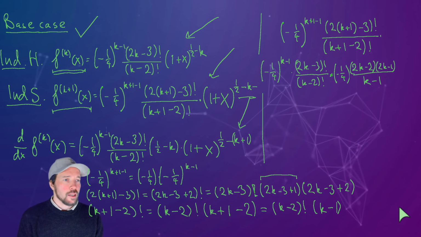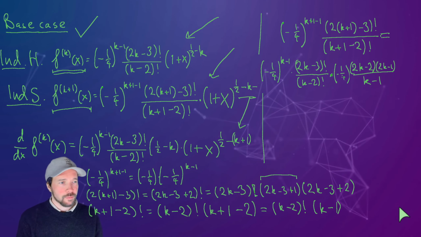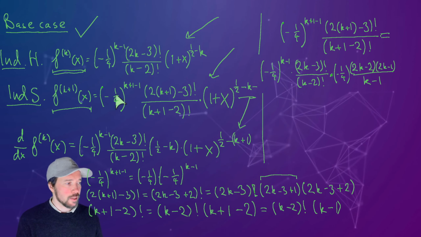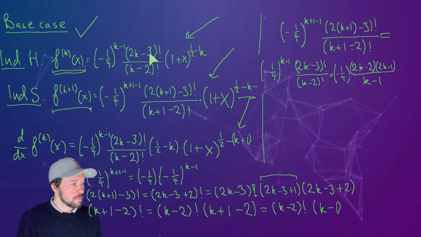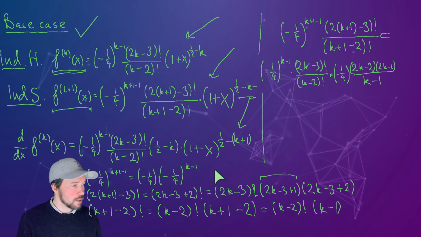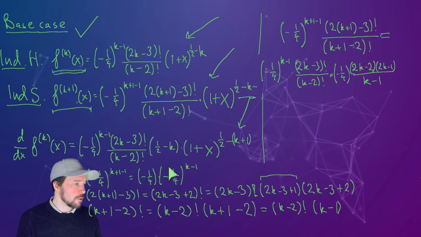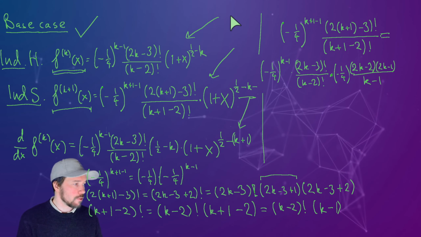So now we see that we were able to simplify this term so that it looks like this term but multiplied by something, and this something, if I can show that it's the same as this term over here, then I have basically shown that these are the same, which is exactly what I wanted to show.